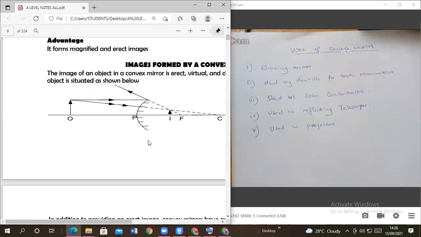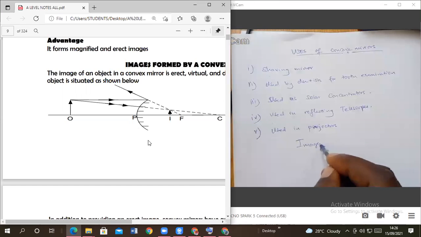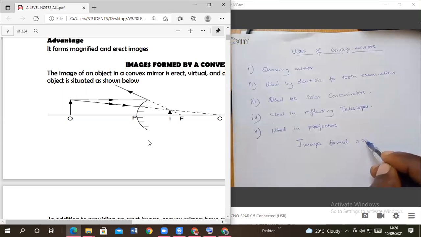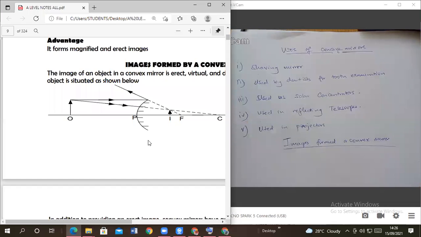So how would you draw the diagram when you're looking at images formed by a convex mirror? What's the nature of the image formed by a convex mirror? So you should draw that.